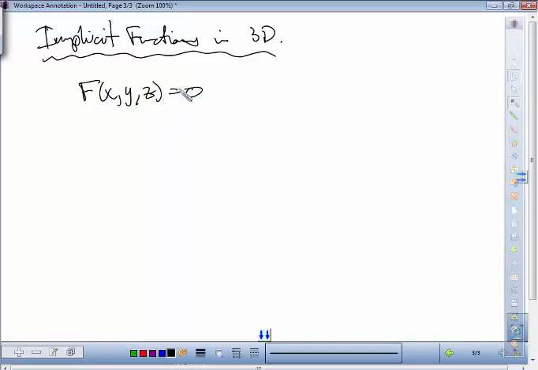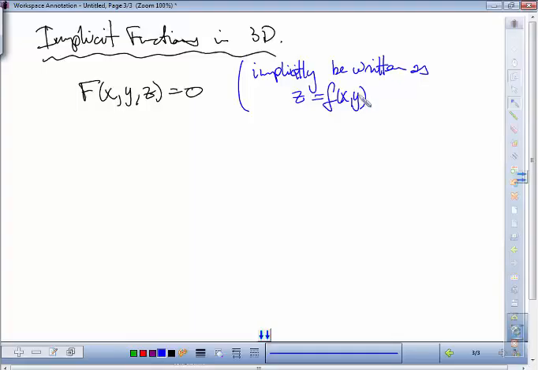Equal to 0. And say that this can implicitly, possibly, if we can somehow solve for z, we can write it as z is equal to f of x, y.